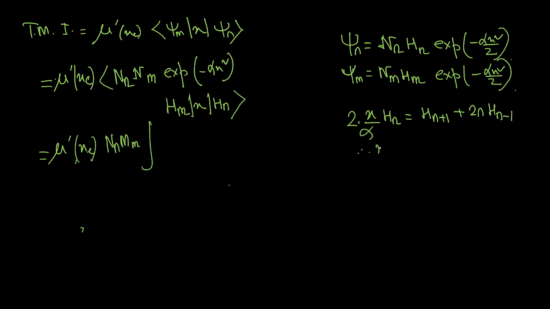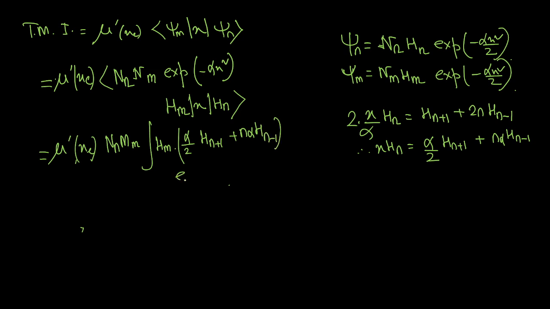So x H n can be written as one by alpha by 2, H n plus 1 plus n H n minus 1, with the exponential. Now we can write it separately.